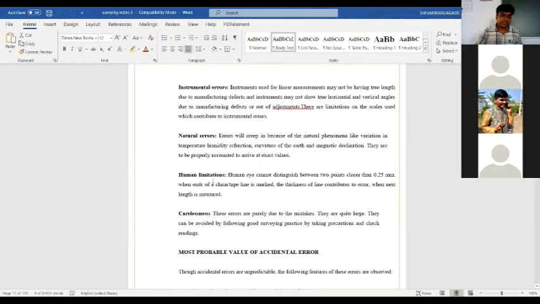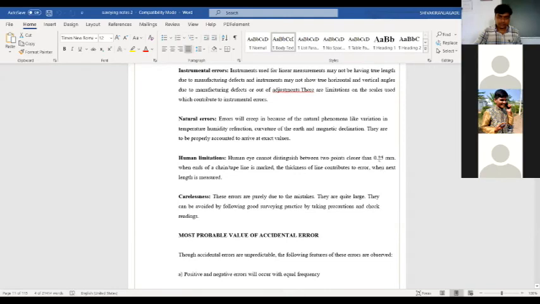Next, human limitations. The human eye cannot distinguish between two points closer than 0.25 mm. Yes or no? Do you agree with this point? 0.25 mm is a very short distance, not even 1 mm, just 0.25 mm.